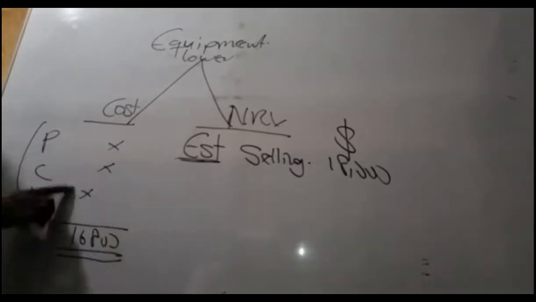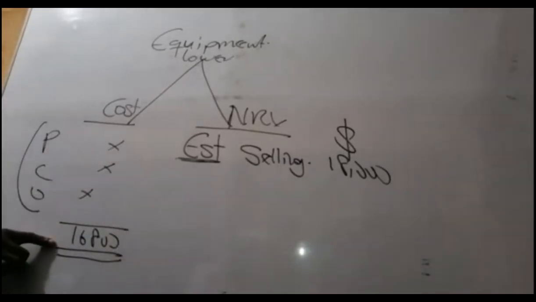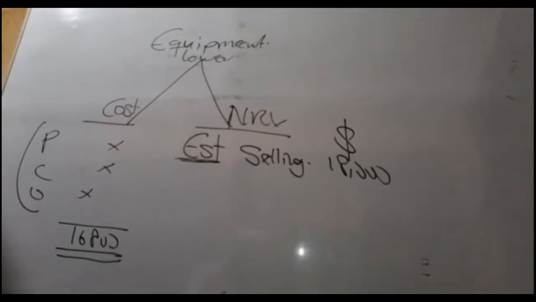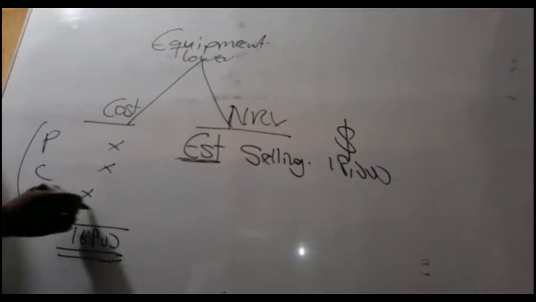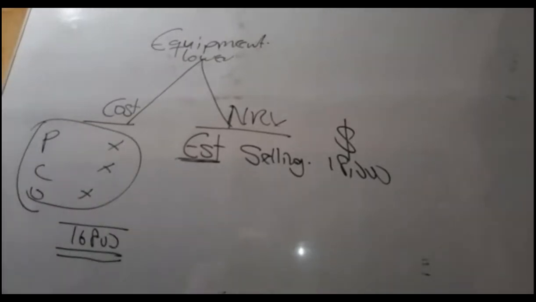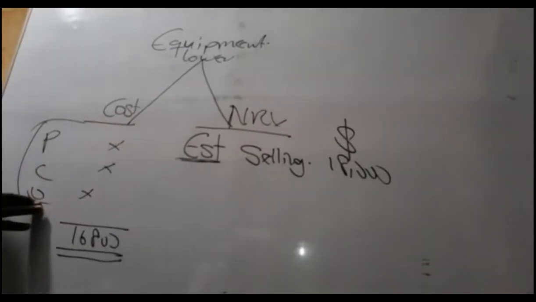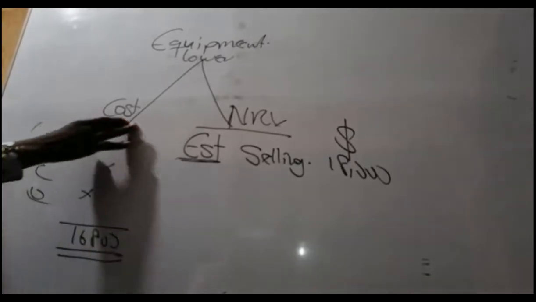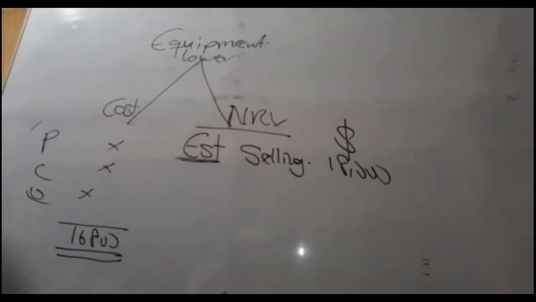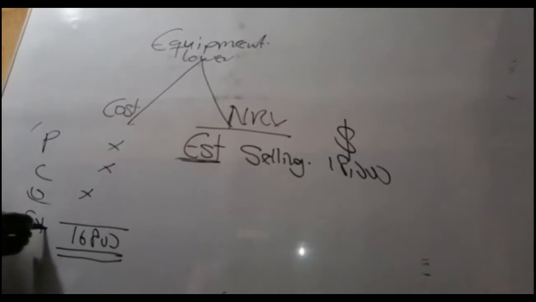Either they will give you the breakdown, but here they give us the total. No breakdown of purchasing of inventory, conversion cost, or any other cost. They've just summed all of them together. Once you have completed it, it has passed through all the stages. We bought the raw material, we've worked on it, so we are done. So this is the total cost. So I'll place it here.